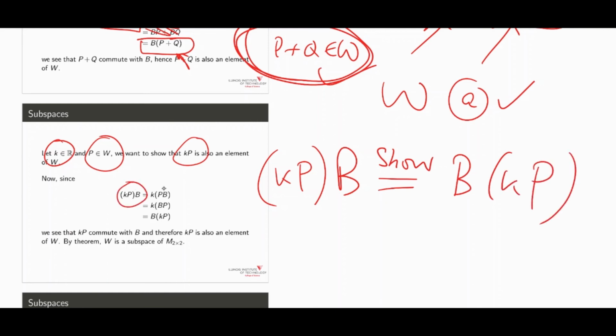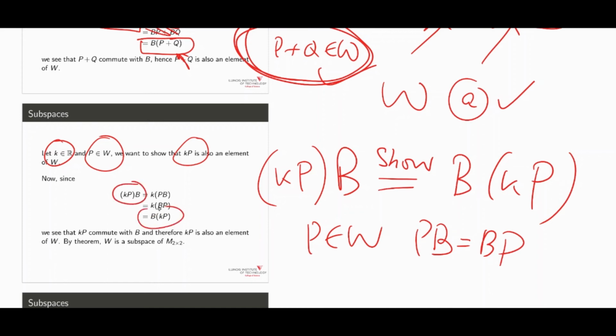KP times B. Using the associative law, we can do PB first, but your P is in W, so your PB is actually BP. So that's the reason why you see this. And these are just numbers, so I can move that number inside right here. So I can get KP times B is B times KP.